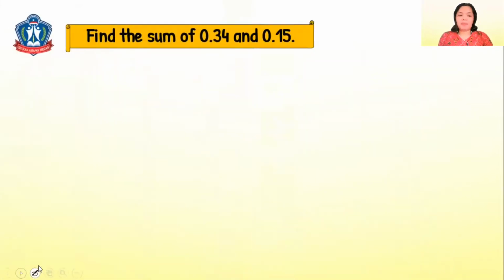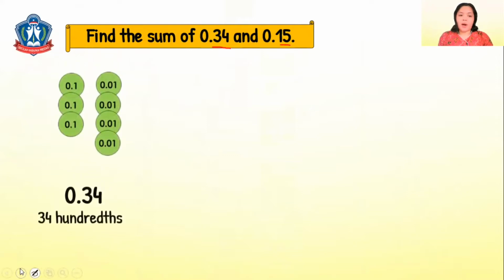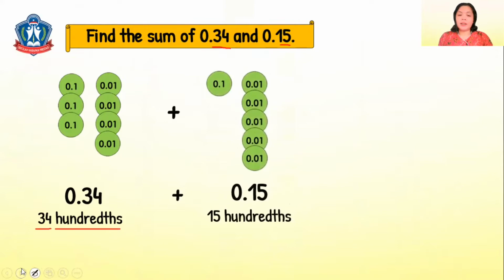Another example, these two decimals have two decimal places, two digits right after the decimal point. 0.34 is also called 34 hundredths, plus 0.15 is also called 15 hundredths. 34 hundredths consists of 3 tenths and 4 hundredths. 15 hundredths or 0.15 consists of 1 tenth and 5 hundredths.